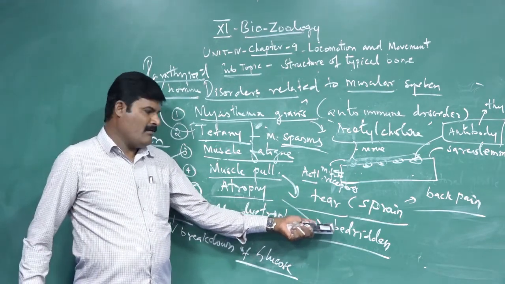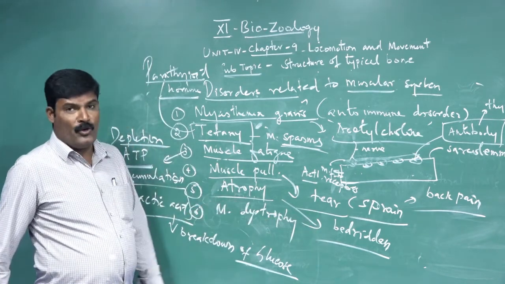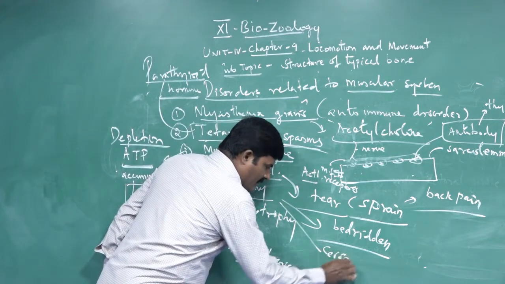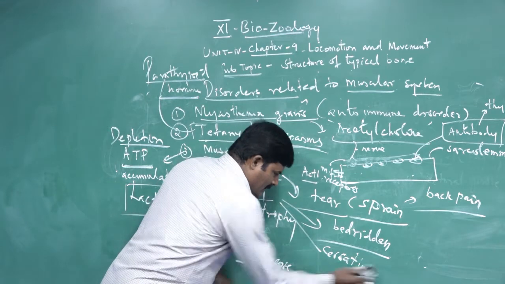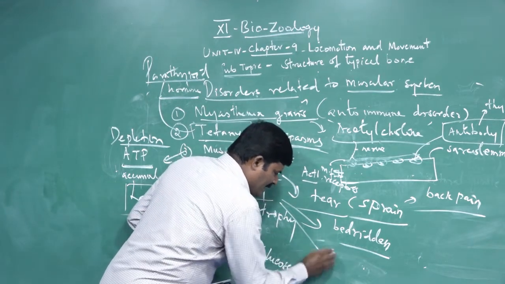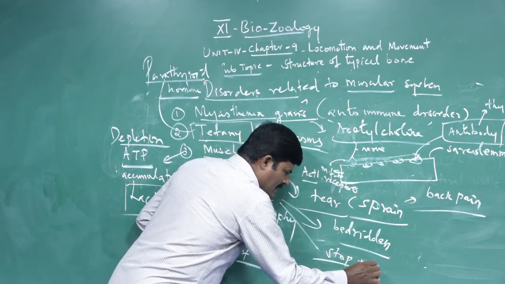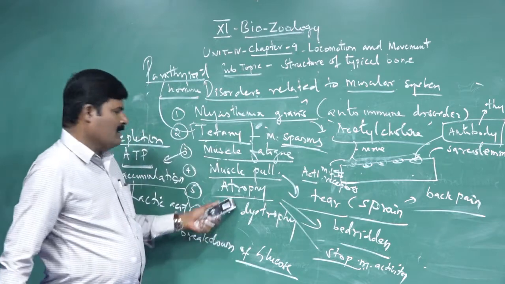Particularly, bedridden patients are affected by atrophy. Atrophy is commonly cessation. Cessation means stopping the movement of the muscle activity. Okay, this is atrophy.